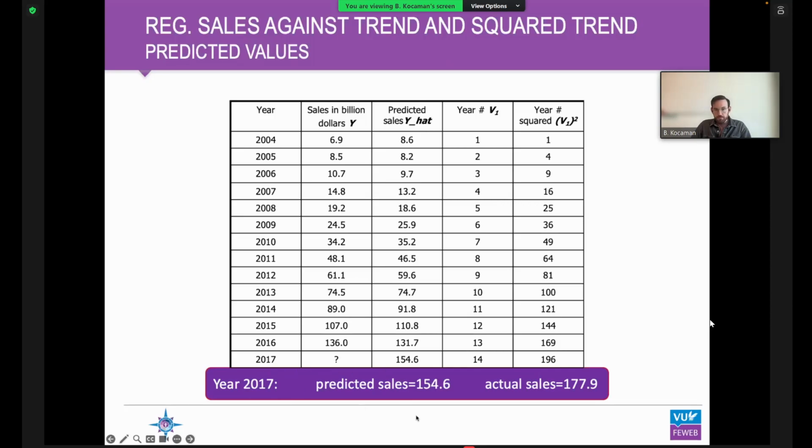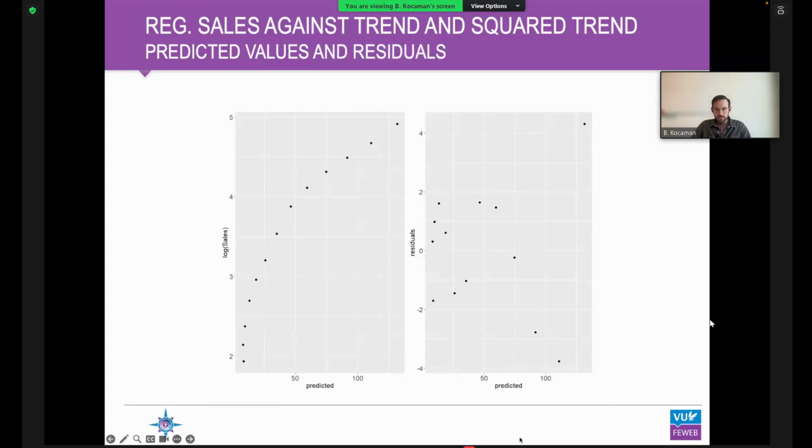So eventually our prediction for the year 2017 is 154.6, which is again close to the actual sales of 178, but it's not as close as when we took the log transformation. So the prediction is indeed more accurate than when we assumed that the sales trend relationship was linear, but it's not as good as when we took the log transformation.